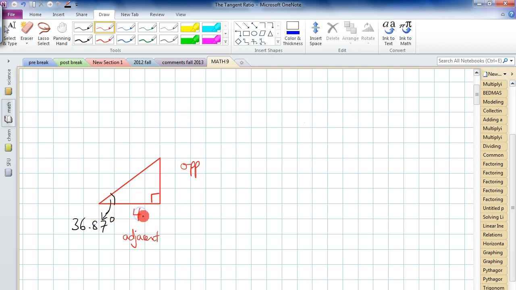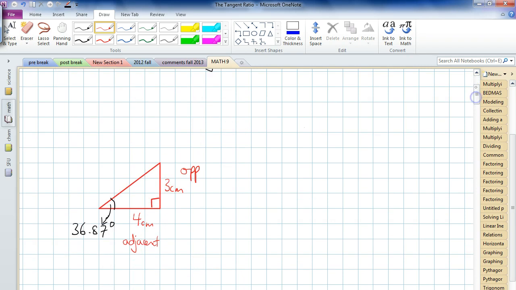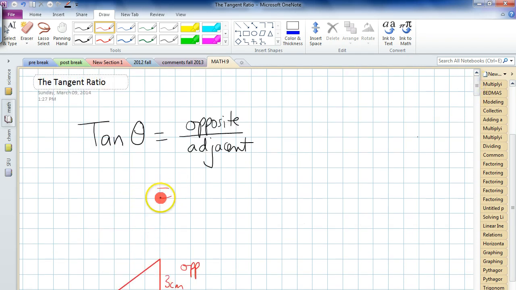This is 4, we'll say centimeters, and this side here is 1, 2, 3. It's 3 centimeters. So what is the ratio between the opposite side and the adjacent side? Well, it's 3 divided by 4, right? The opposite side is 3, the adjacent side is 4.